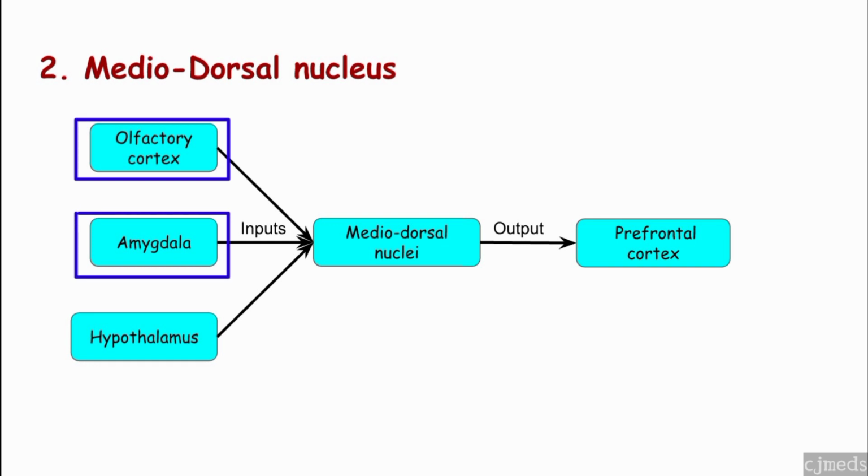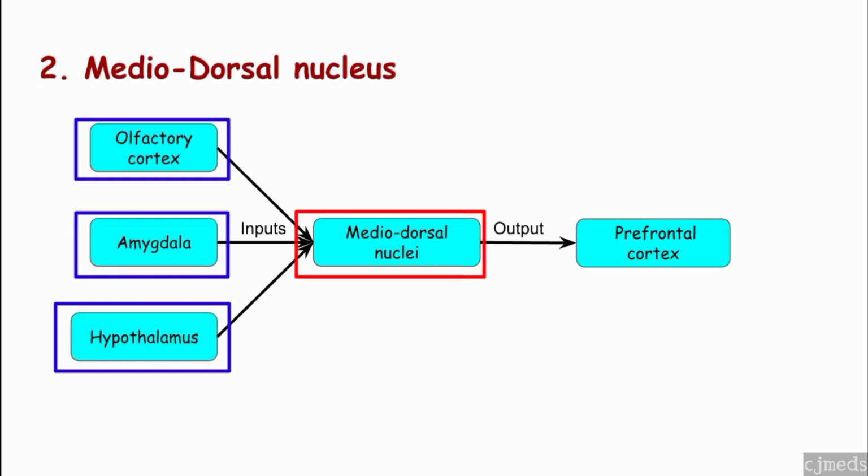Second, the amygdala, which is a very important component of the limbic system because it is involved in fear, anxiety and aggression. It will also send its information to the mediodorsal nucleus. And then third, the hypothalamus also sends its information to the mediodorsal nucleus. Remember, these three structures are sending these afferents or inputs to the mediodorsal nucleus or the dorsomedial nucleus.